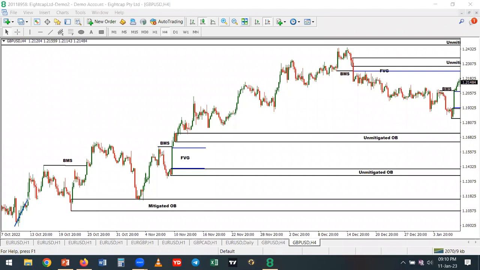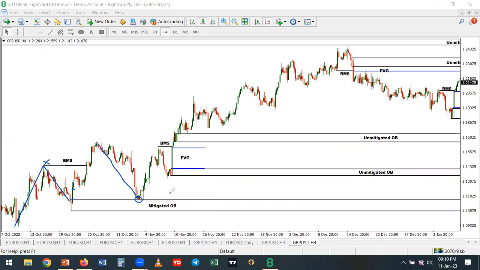Price left here, came up, and when it came down here, it formed an order block. The order block was confirmed by the break of this structure, and it also left an FVG here. The market later returned to fill, and the time price returned to fill this particular order block, it gave an entry here for a buy.